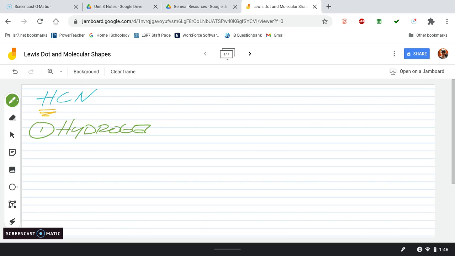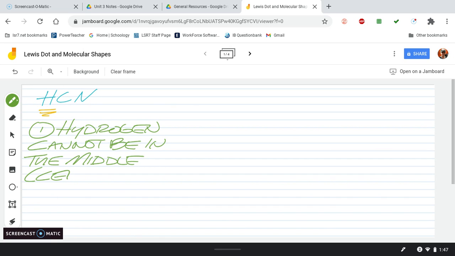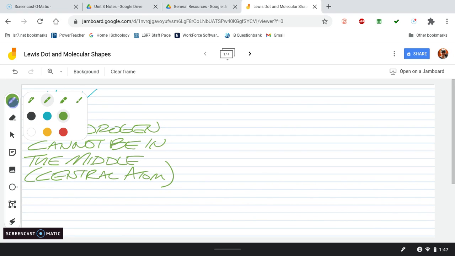Hydrogen cannot be in the middle because it's too little and it doesn't have enough bonding sites. I'm going to underline the word cannot because it's really important that we understand: don't put hydrogen in the middle.